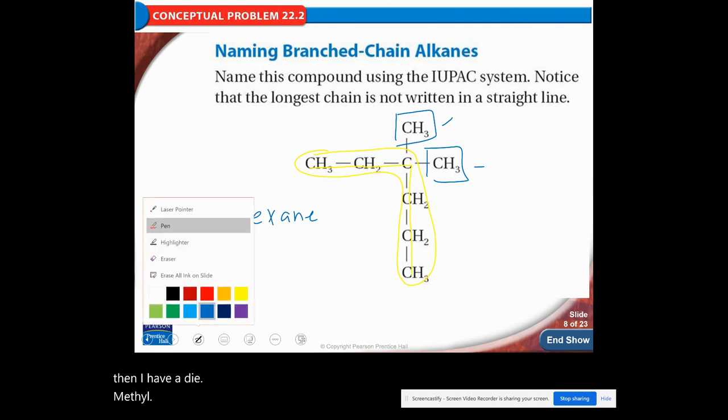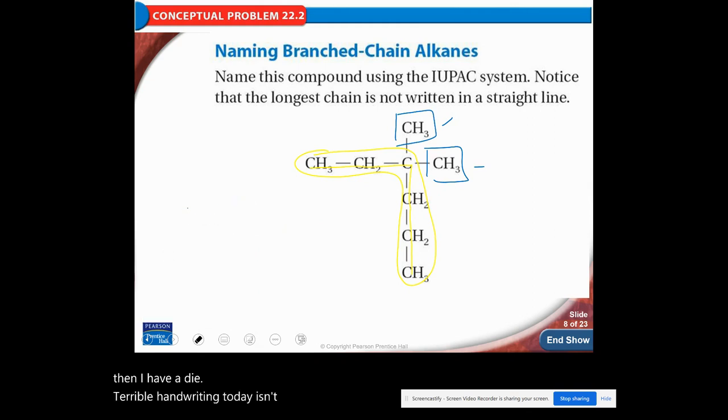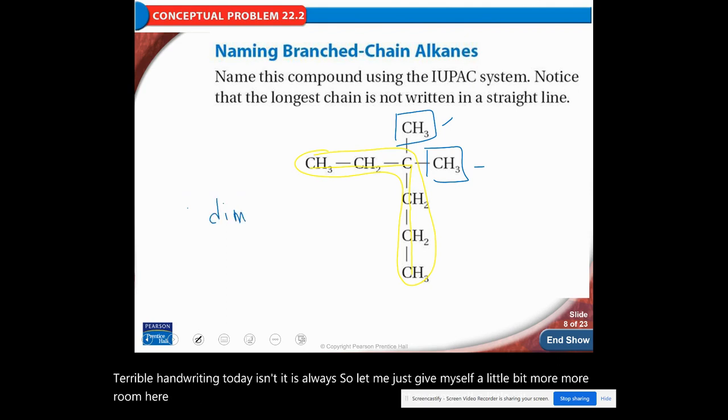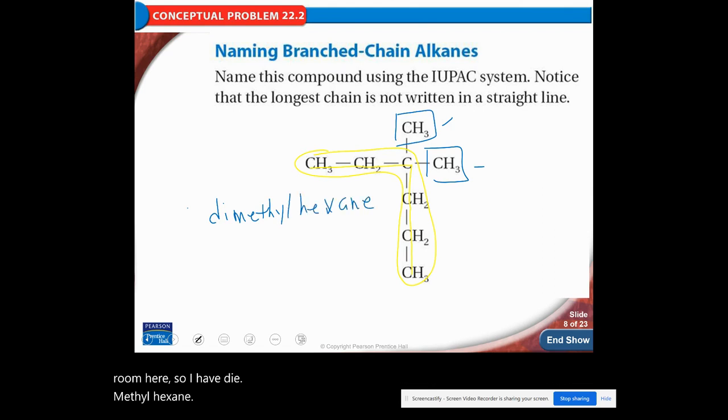Terrible handwriting today, isn't it? As always. Let me give myself a little more room here. So I have dimethylhexane, and I need to give the numbers as to where exactly on this 6-carbon chain those 2 1-carbon branches are.